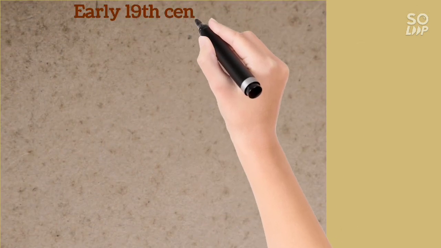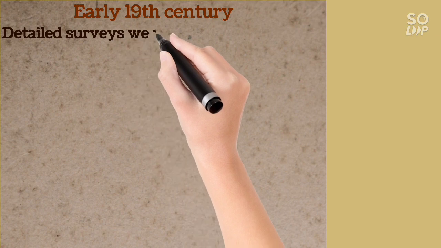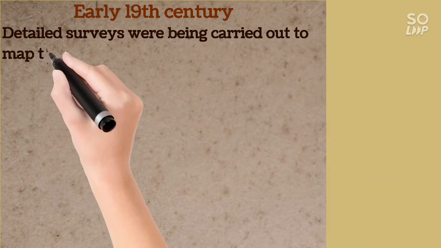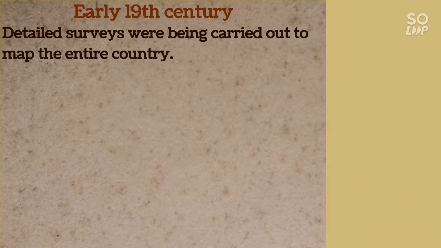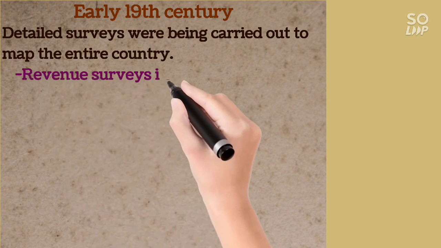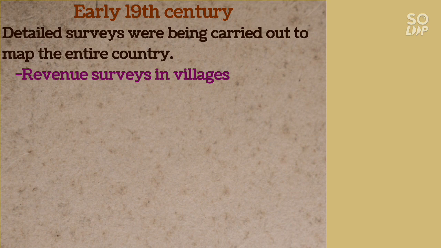First, by the early 19th century, detailed surveys were being carried out to map the entire country. For example, revenue survey in villages. Here revenue means the income that a government receives regularly through taxes, customs, etc. And before collecting the revenues from the public, the British officials had done a survey on it.